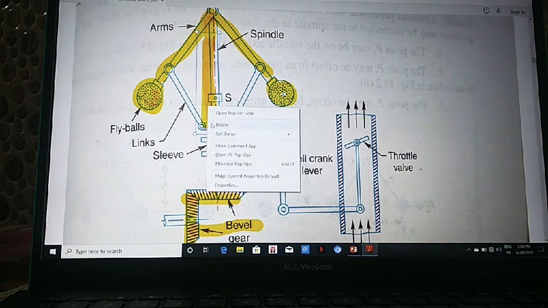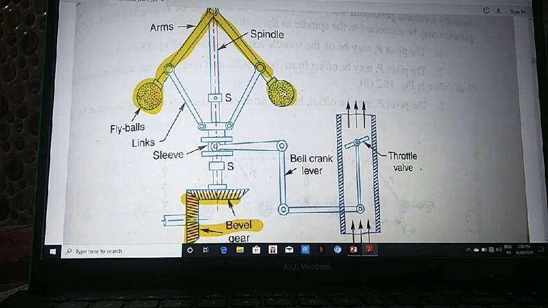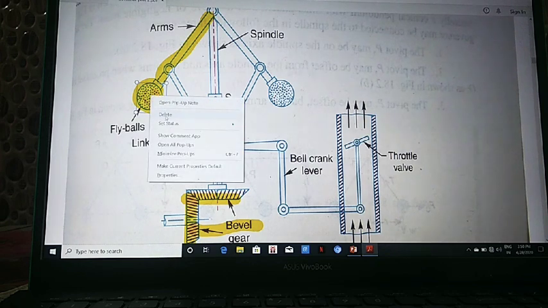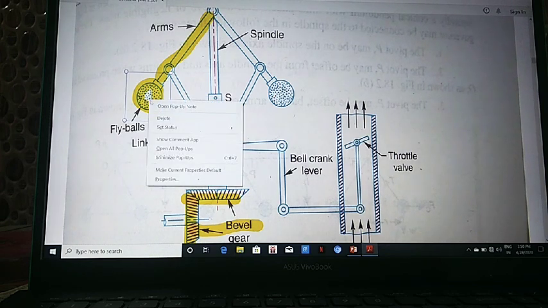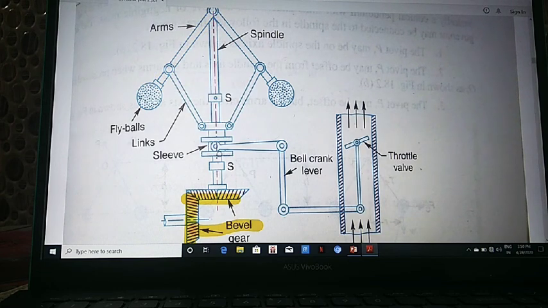So this is the spindle and this is the arms. Let us erase all these things in order to understand the new parts of this governor. Now you will see that this part is called the sleeve. It is connected to the bell crank lever, and the bell crank lever is connected to the throttle valve.